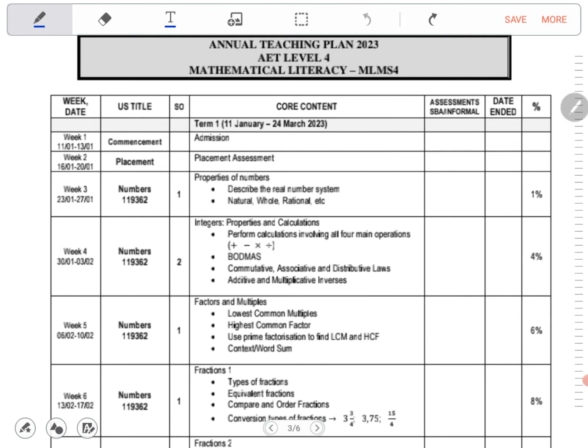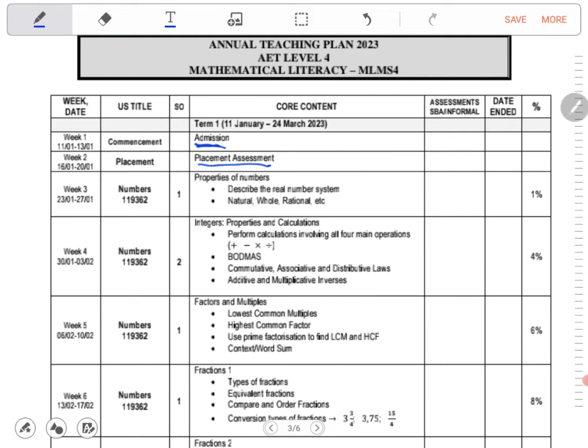Now, looking into the annual teaching plan quickly, we have the annual teaching plan for AET Level 4, mathematical literacy, which sometimes has a code called MLMS 4. At the beginning of the year, you'll be admitted into your community learning center, and then a placement assessment will be administered to you.